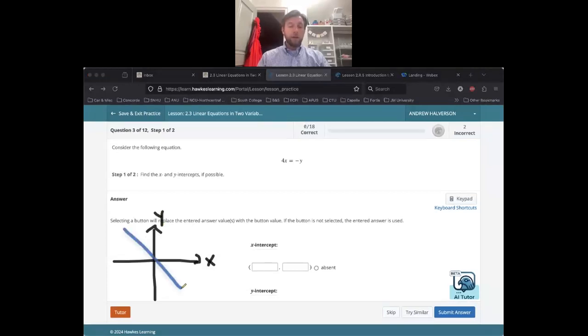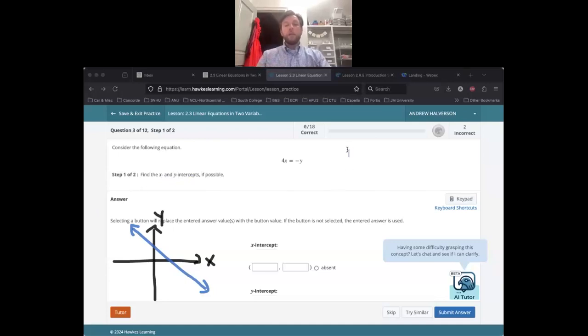Notice there are points where it hits the x-axis and the y-axis. The point where it hits the x-axis is called the x-intercept, and the point where it hits the y-axis is called the y-intercept. Those are the points where it hits those axes.